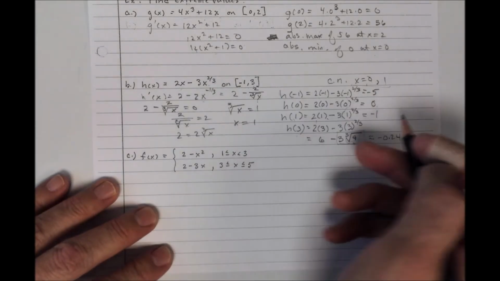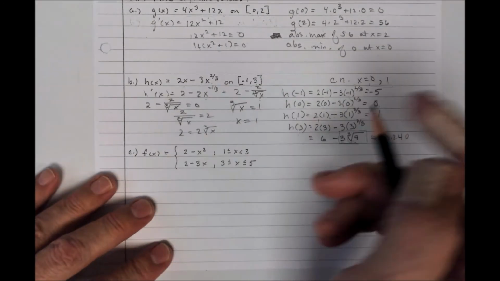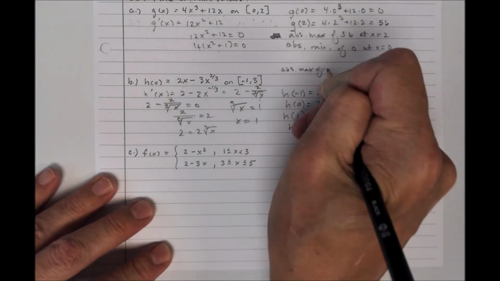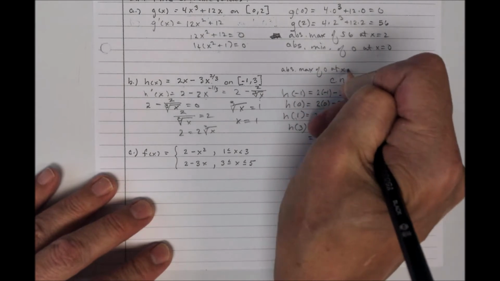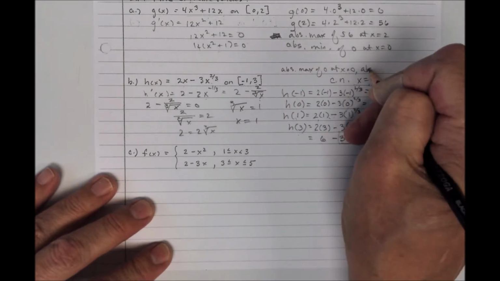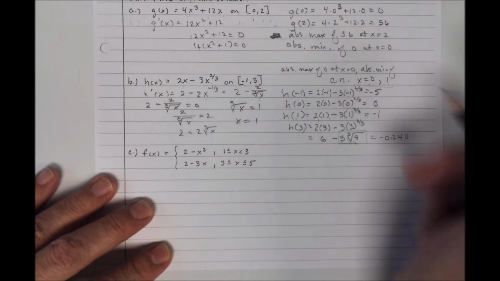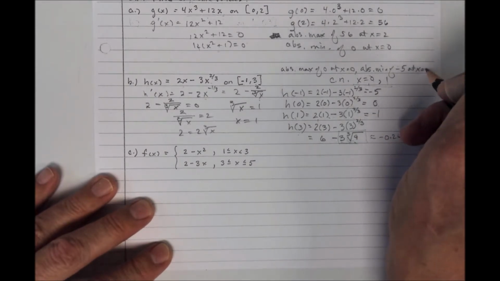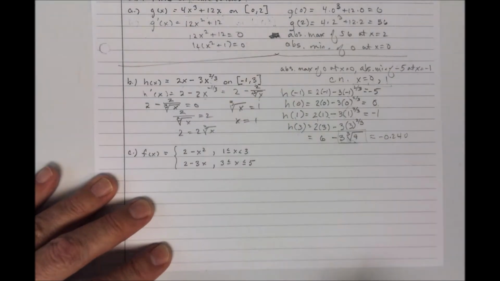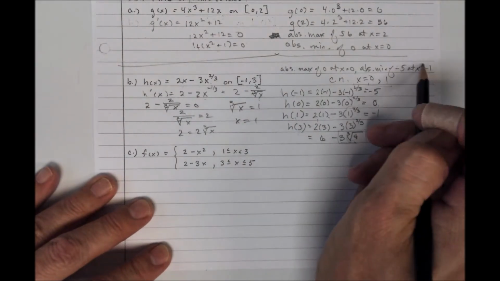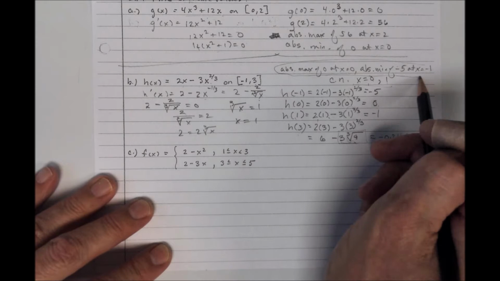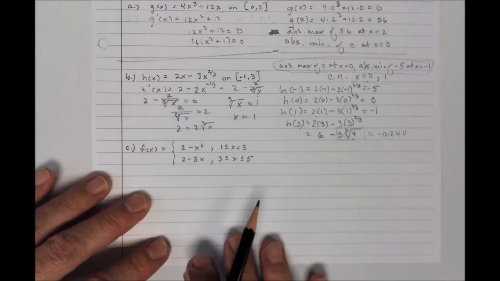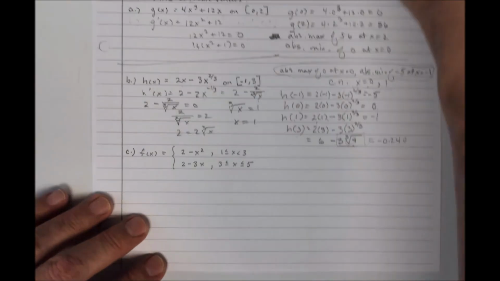So again, no space. I always seem to do that. I have an absolute max of 0 at x equals 0. I have an absolute min of negative 5 at x equals negative 1, right here. Okay, try to be neat. Hopefully you're going to be neater with your work than I'm showing you here.